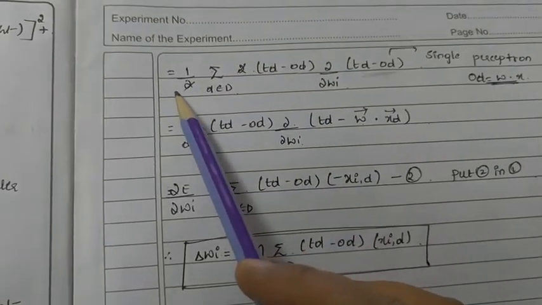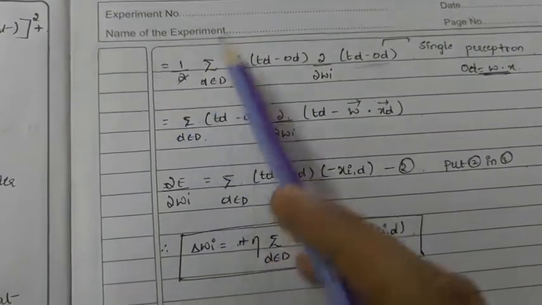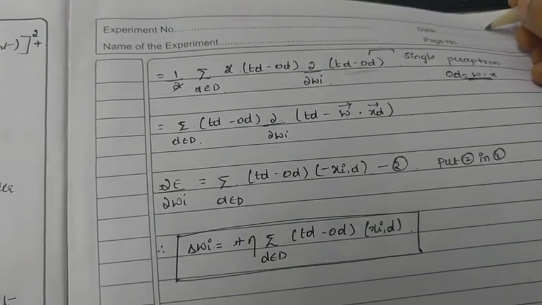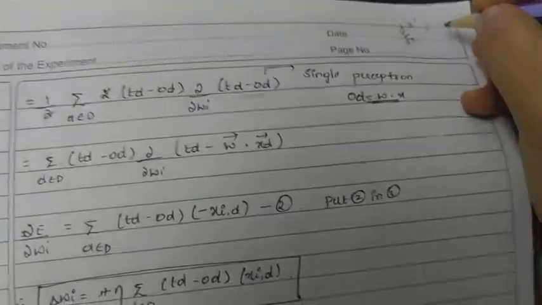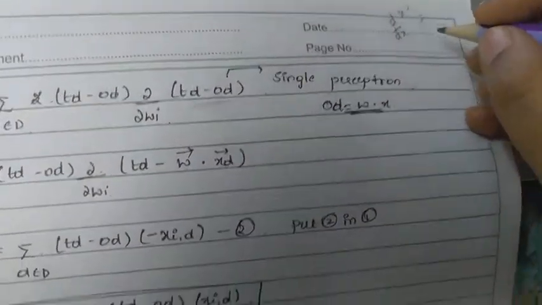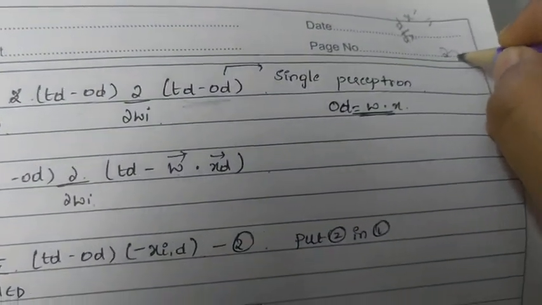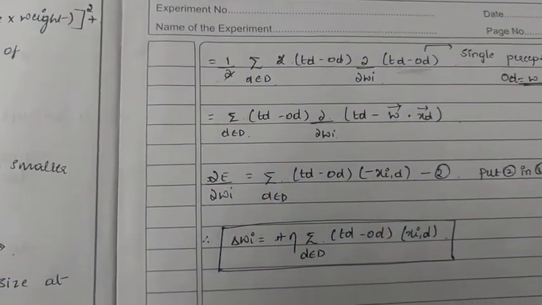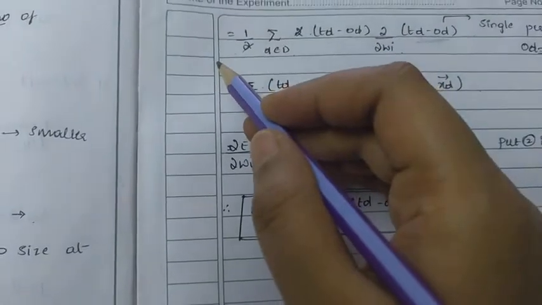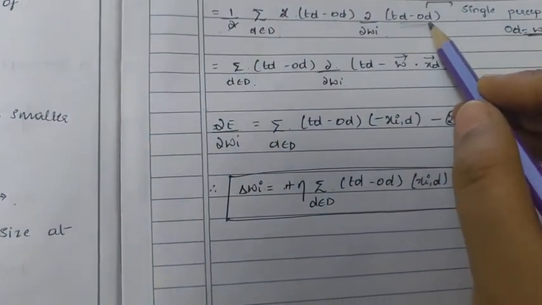So 2 and 2 get cancelled. What is the differentiation of x square? d by dx of x square is 2x, correct? The same way it is done here. So it is 2 times the value, 2 and 2 are cancelled, and what is left is this one.